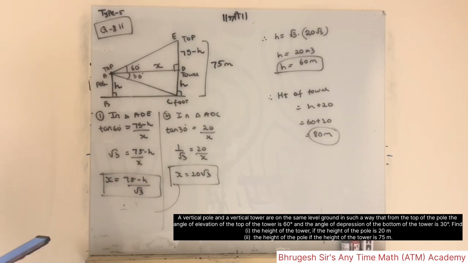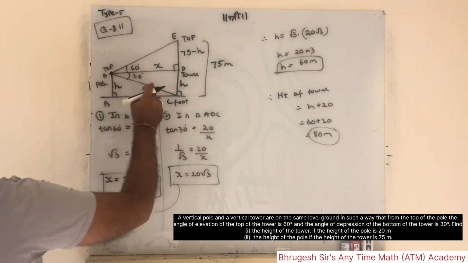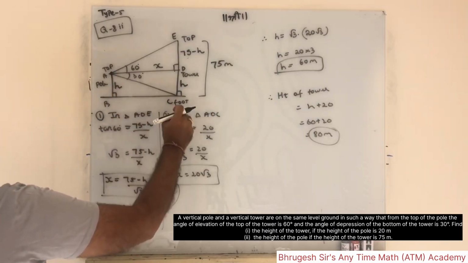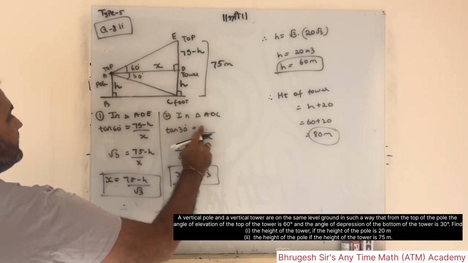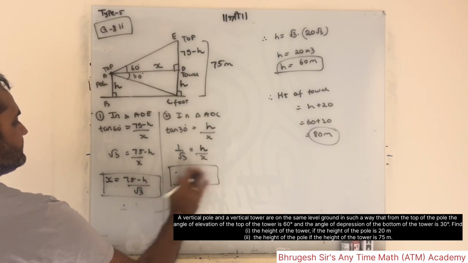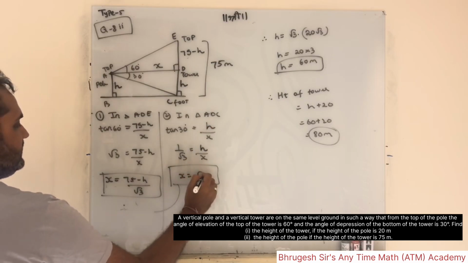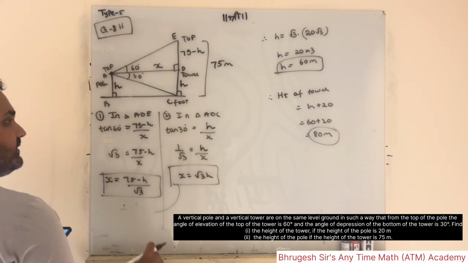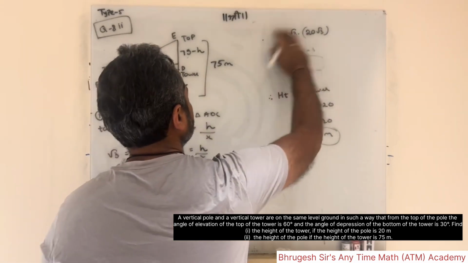Okay, so this is your first part. In triangle ADC, tan 30 is h upon x. So x is root 3 h. Now equating both the x together, beta.